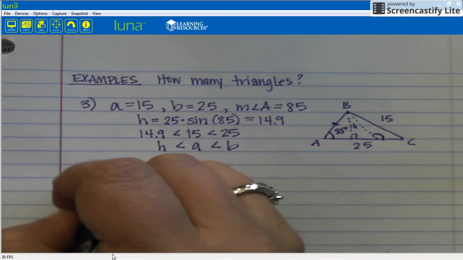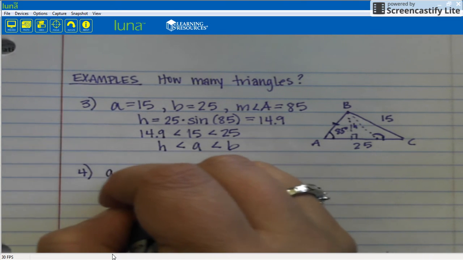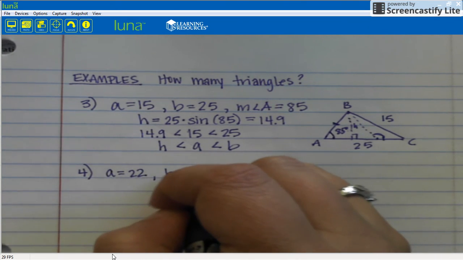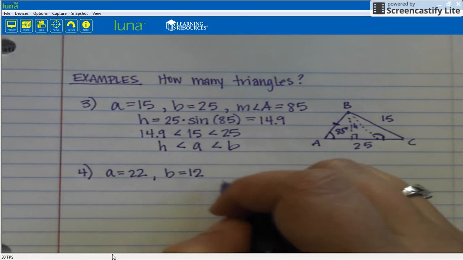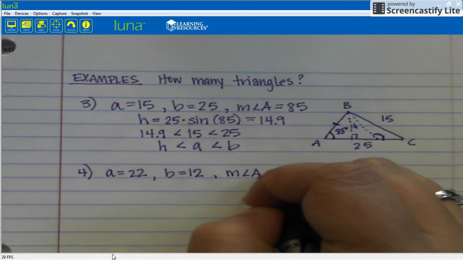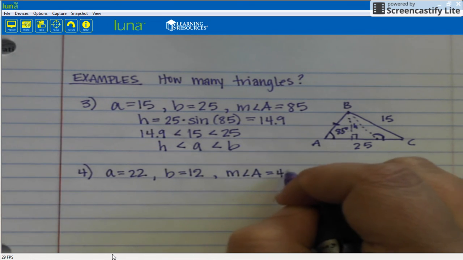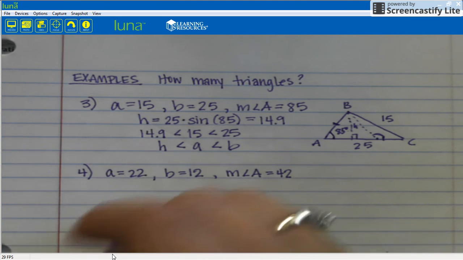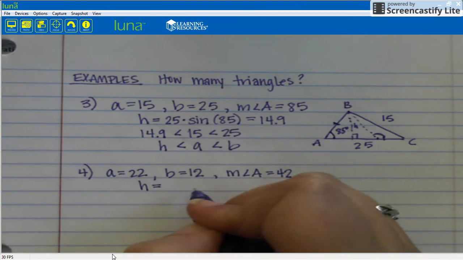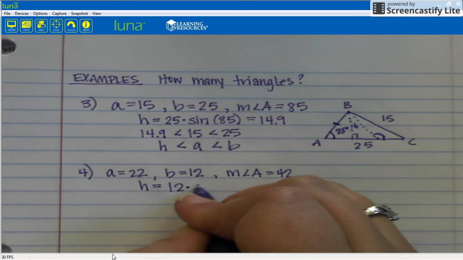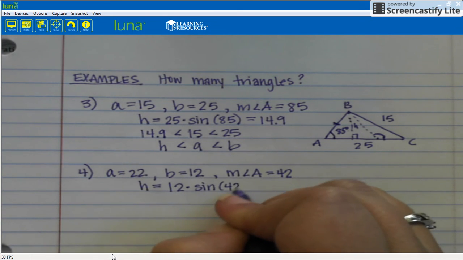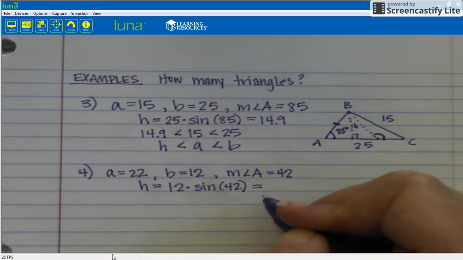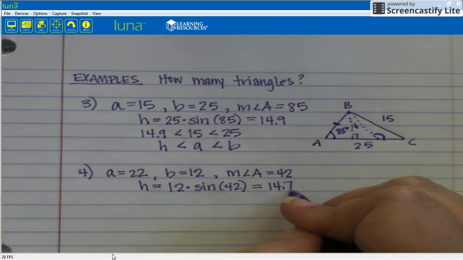To look at another one for number 4, if I tell you that A is 22 and B is 12, and the measure of angle A is 42, well, then I need to know what is my H value. So I have 12 times the sine of 42, and this is going to give me 14.7.